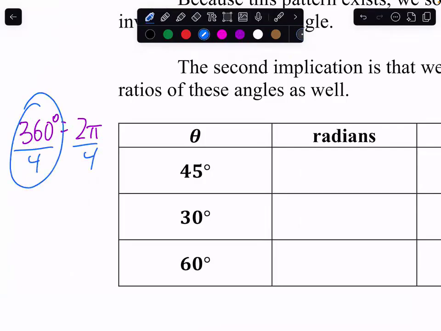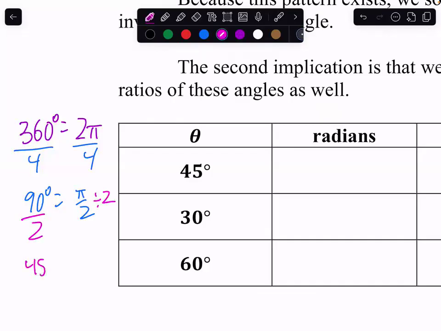This divided by 4 becomes 90. 2 pi divided by 4 reduces to pi over 2. 90 is double 45, so let's divide by 2 again. Pi over 2 divided by 2, which is the same as pi over 2 times 1/2. 45 degrees is equal to pi over 4 radians.